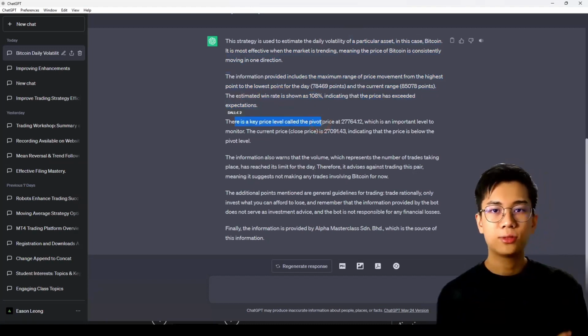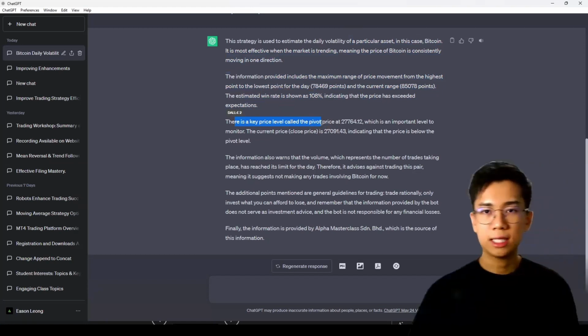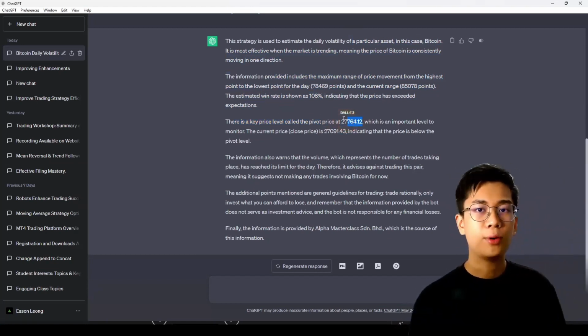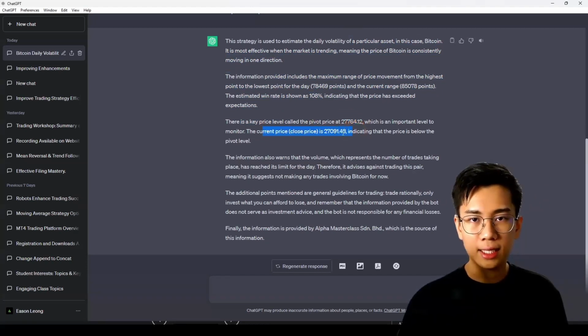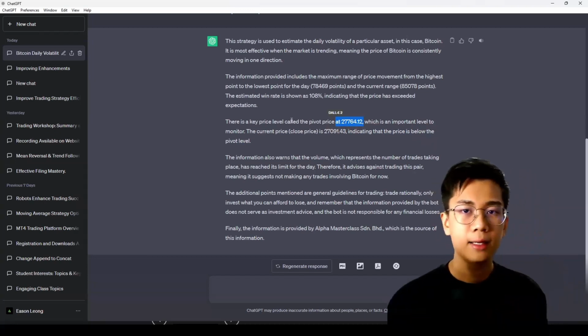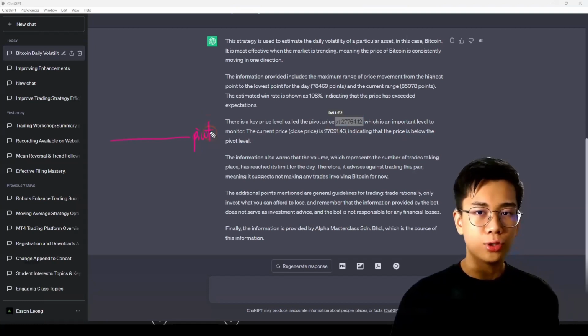The key price level today is called the pivot. The pivot of Bitcoin is 27,000, which is an important level to monitor. The current close price is this one, which indicates the price is below the pivot. Now, talking a bit about technicals, the pivot is the price where you should be focusing on a daily basis.